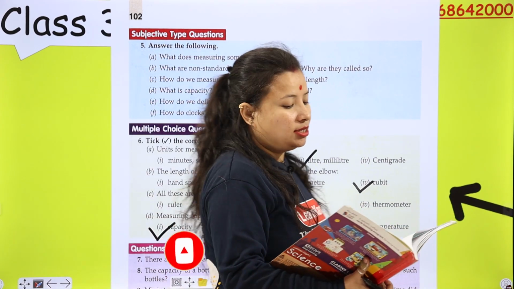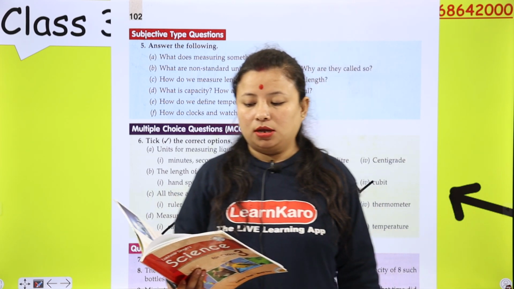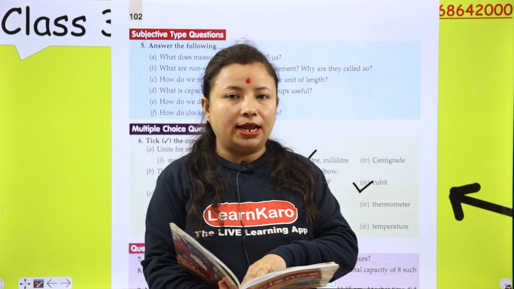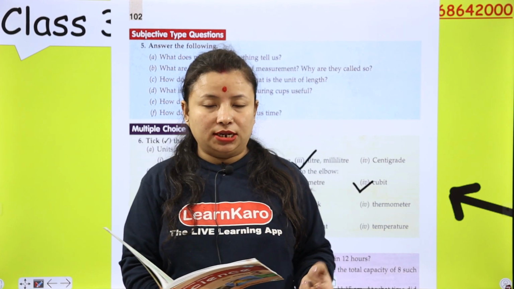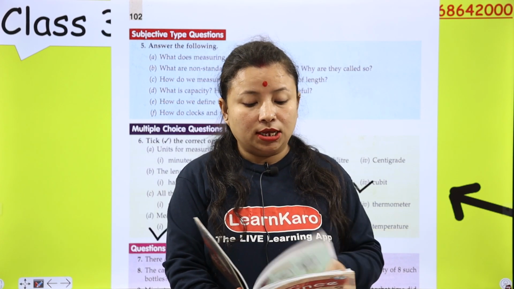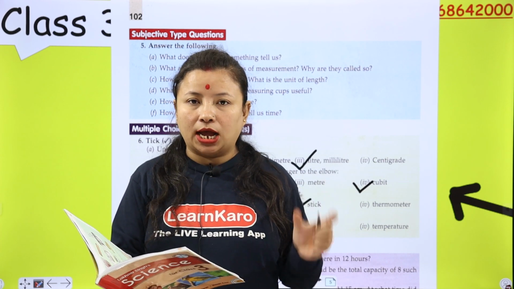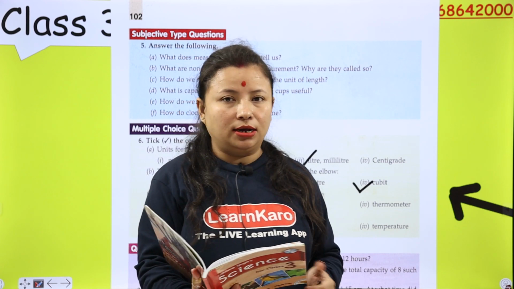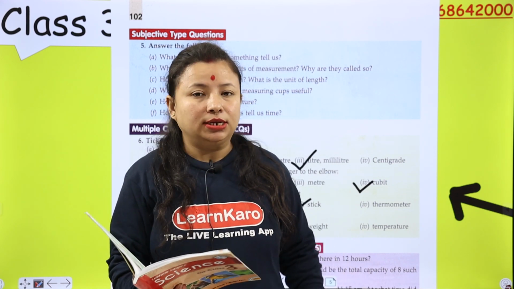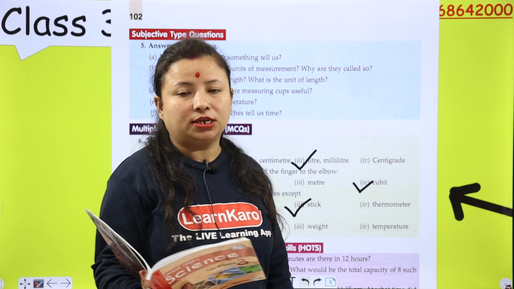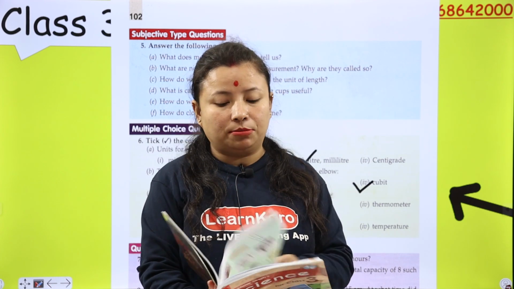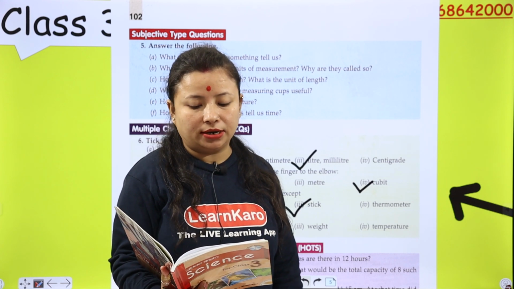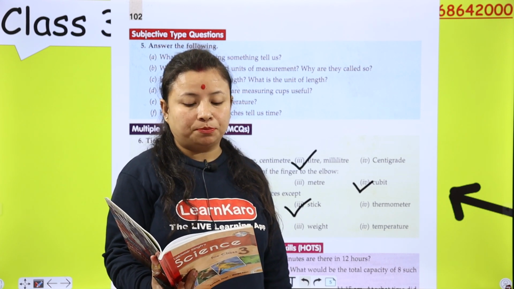What does measuring something tell us? Measuring tells us the specific size of something. Number 2 is, what are non-standard units of measurement?